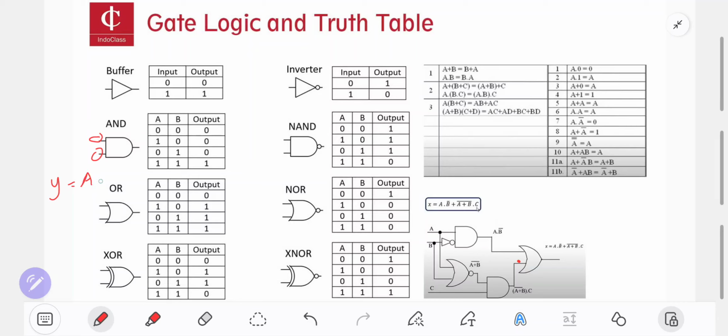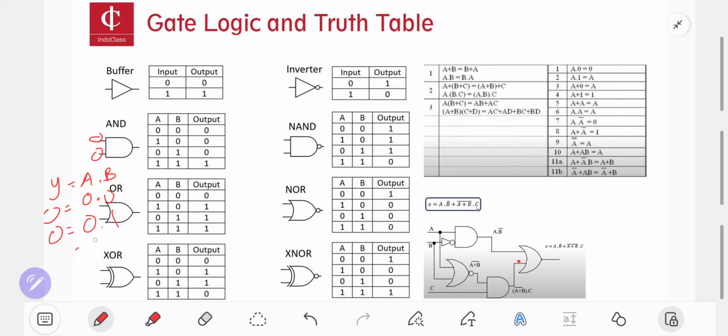A times B. For example, if 0 times 0, the result is 0. 0 times 1, the result is 0.